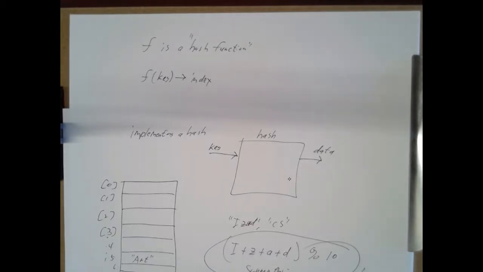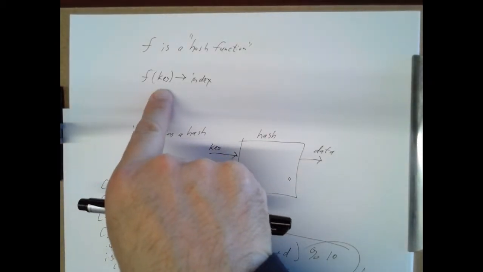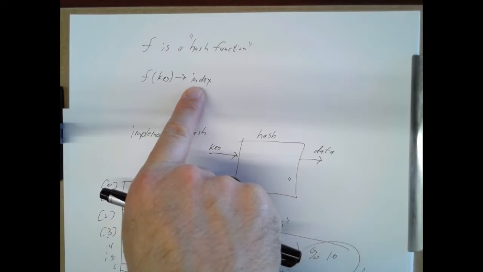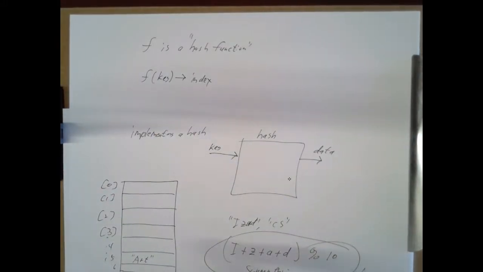So if I want to find what Scott's position is, I could take Scott, put it into this hash function, which takes a string, gives me back an index. Maybe it gives me back the index 2. I look at entry 2 and it's blank. I know that Scott's not in this array, this hash.